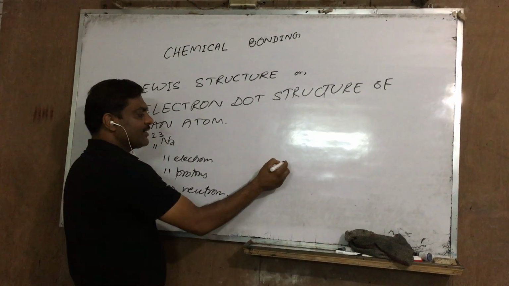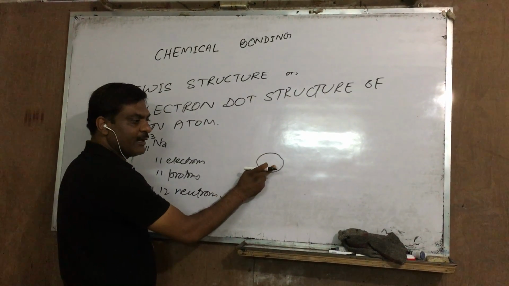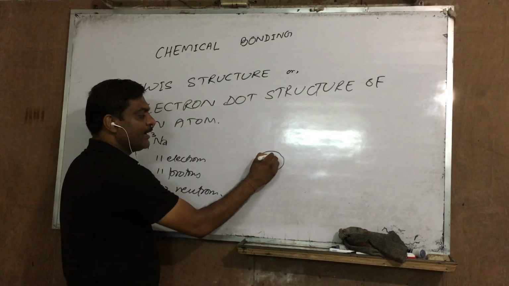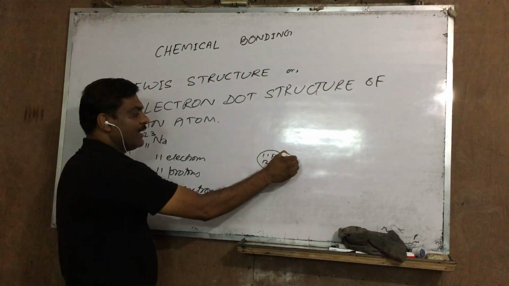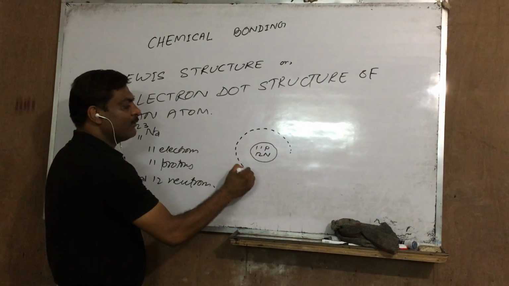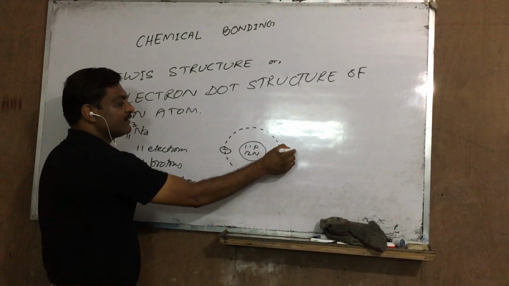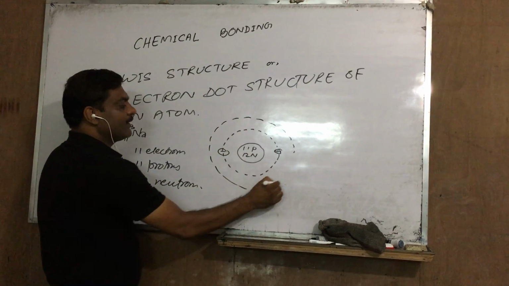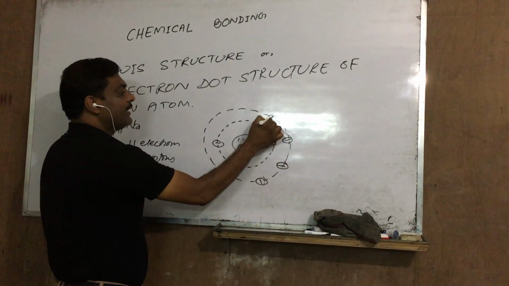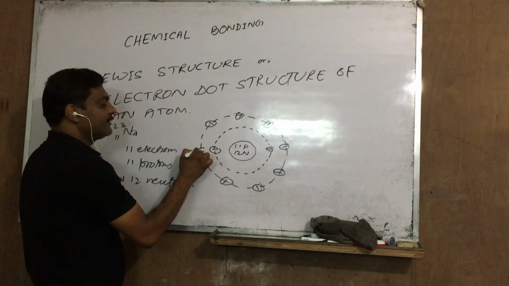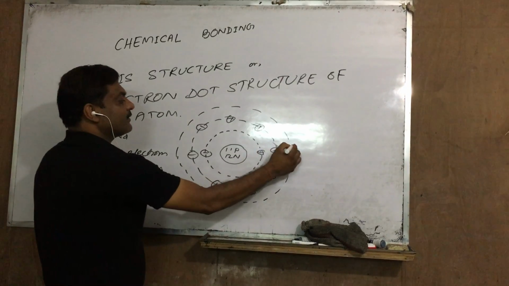All the protons and neutrons lie in the nucleus, and electrons revolve around the nucleus in different orbits. In the first orbit there are 2 electrons, in the second orbit there are 8 electrons, and in the third orbit there is 1 electron.